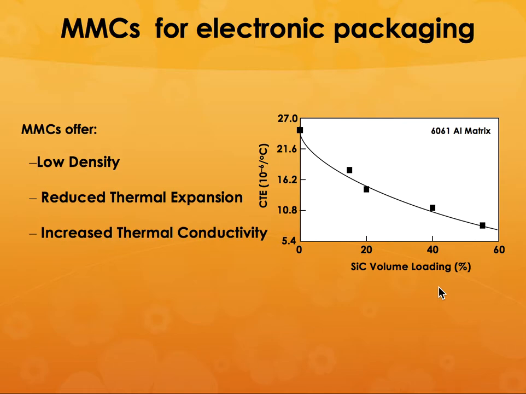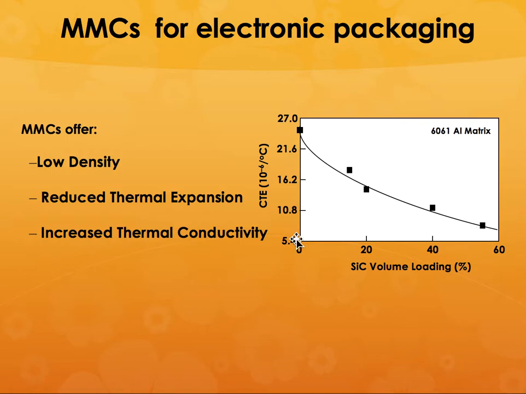So this is a composite material used for thermal management, and the advantage is that you can use this for thermal management of either silicon wafers or silicon carbide wafers.